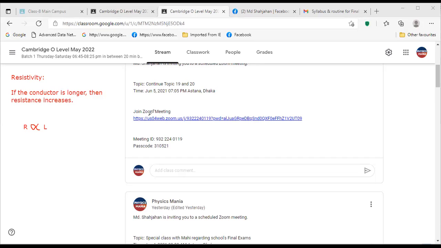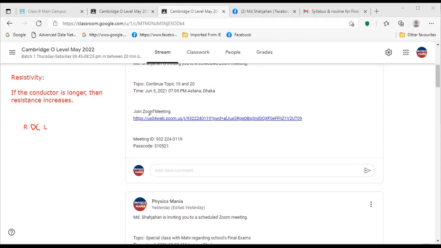Have you understood? One of the roads is narrow, another one is wide. So where will your car be easier to drive faster, the narrow one or the wide one? Sir, the wider one.